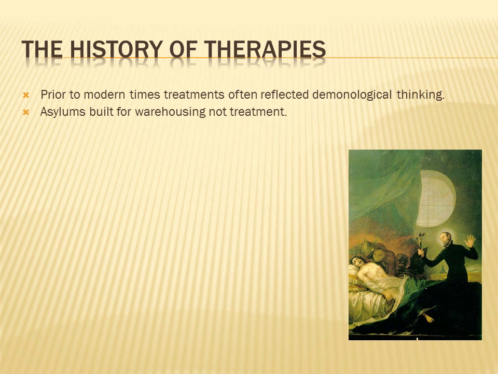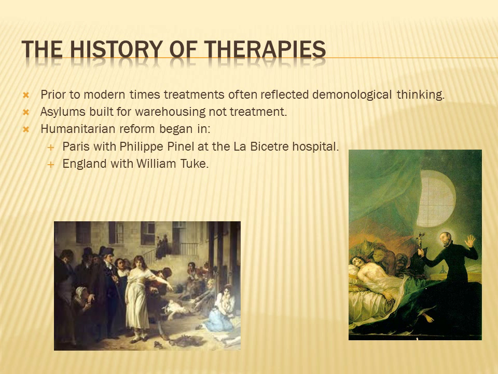So the asylums were really just to take these people out of society. Of course, that did not help their ascent to wellness at all. And sometime around the beginning of the 1800s, there became a humanitarian reform.